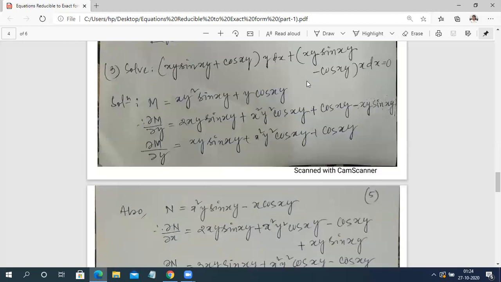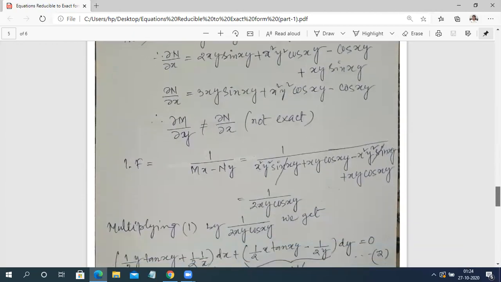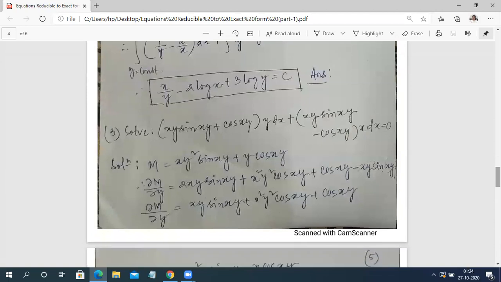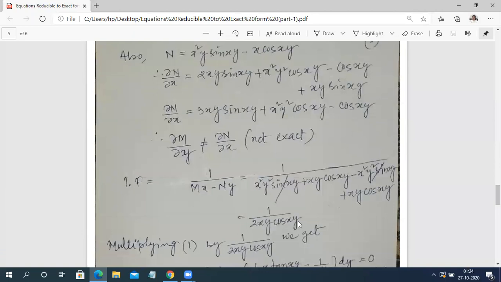If this is the form, then the integrating factor will be 1 upon (m into x minus n into y). So multiply x with m and then n with y, and subtract those two terms, and you will get the integrating factor as 1 upon 2xy cos of xy.